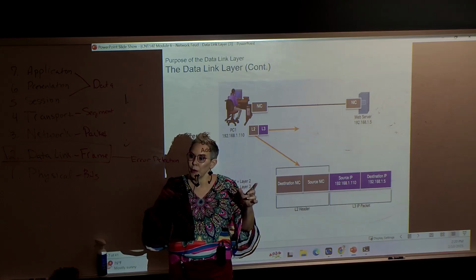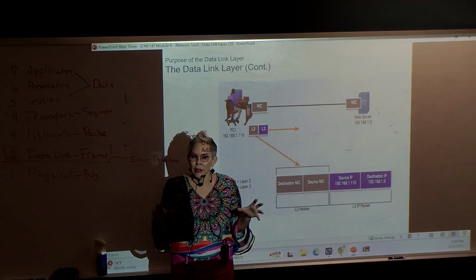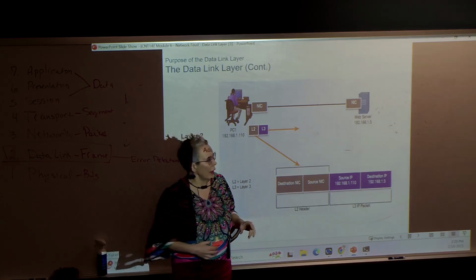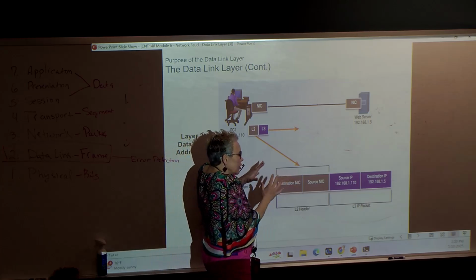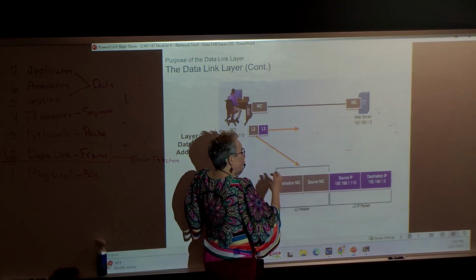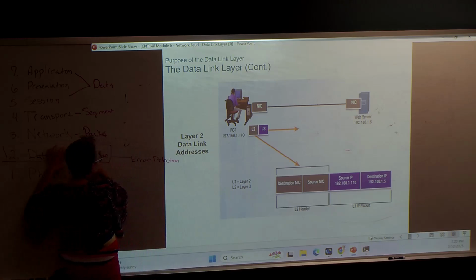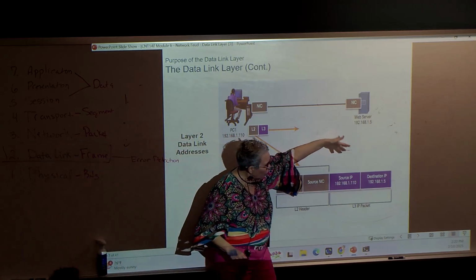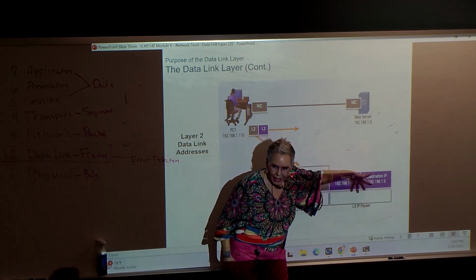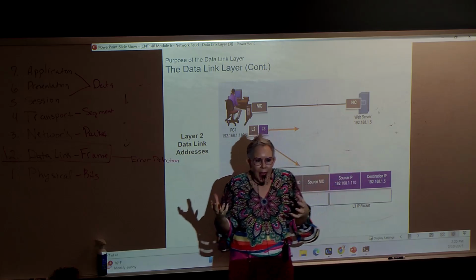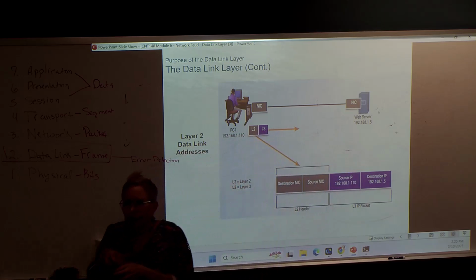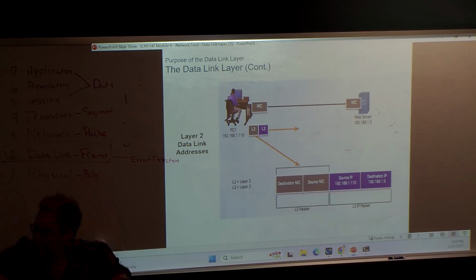Now, it picks up a source and destination MAC address, okay? Now, just something to know is the frame has no idea what's in there. It's like the Russian stacking dolls. All of that's just been put down, wrapped up.